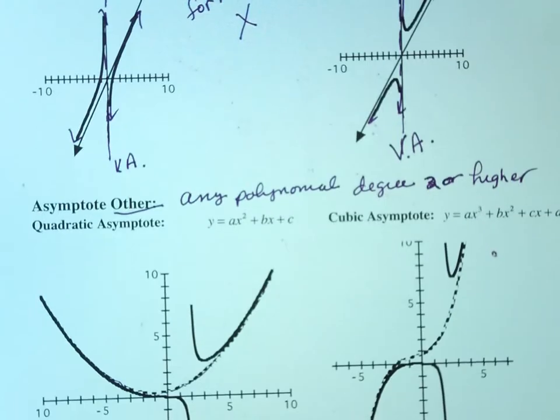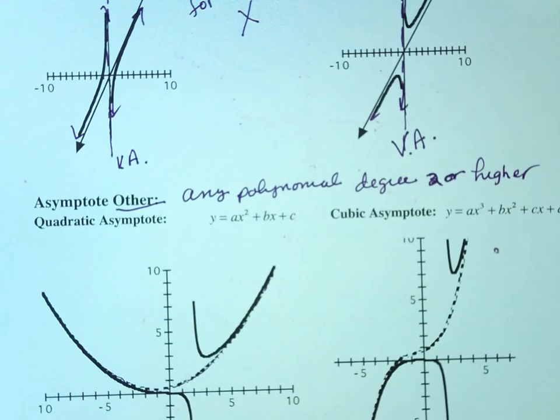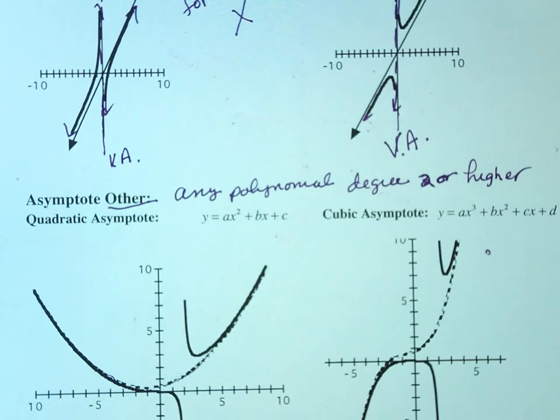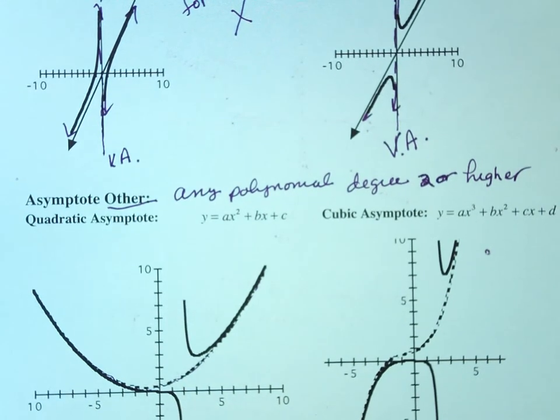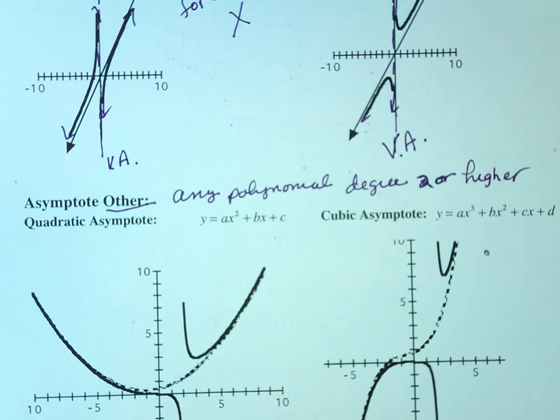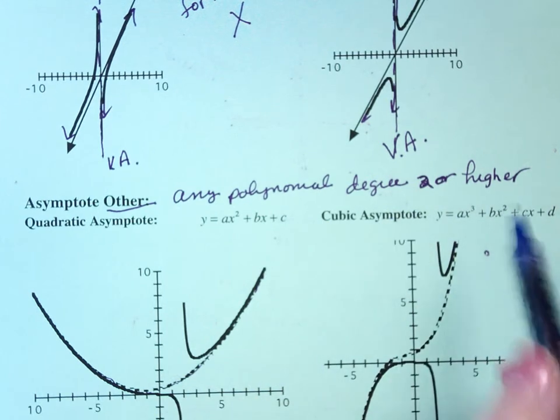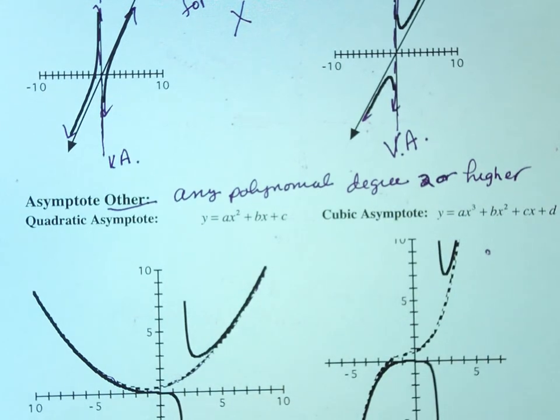The third asymptote, you're not responsible for finding it or graphing it in particular. You can find it and you can identify it, but it's much harder to work with. I called this other, and it's degree 2 or higher. So degree 0 is horizontal.